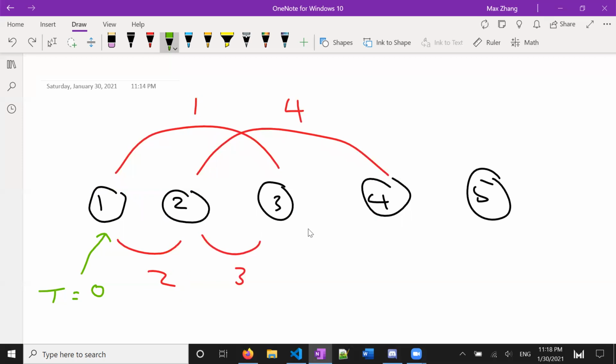Obviously the swap at time 1 is going to happen first because it happens at an earlier time than time 2. So if you think about this as a graph, we take the edge with the smallest time, which is going to be 1. So we'll follow this path here.